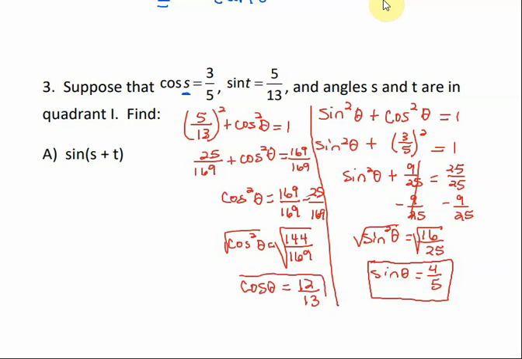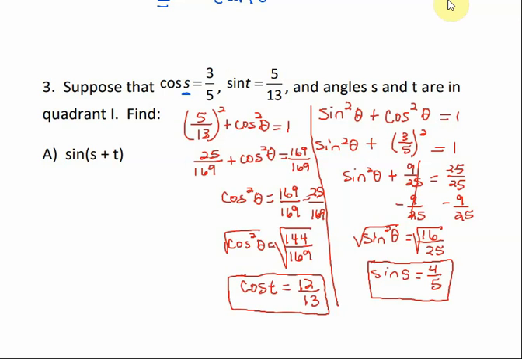Okay, not theta. So this whole time I've been doing theta. So this would be cosine of t, and the other one would be the sine of s. Okay, so now we have all the parts that we need to be able to do our sum and difference identities.